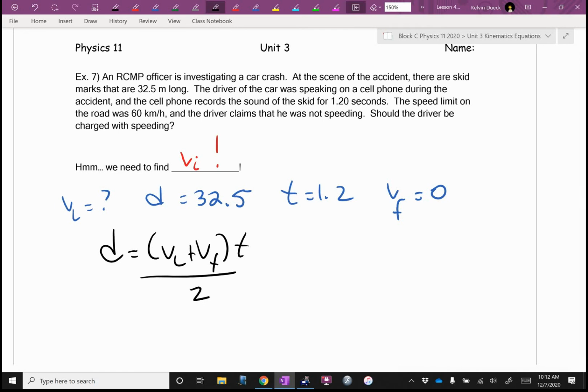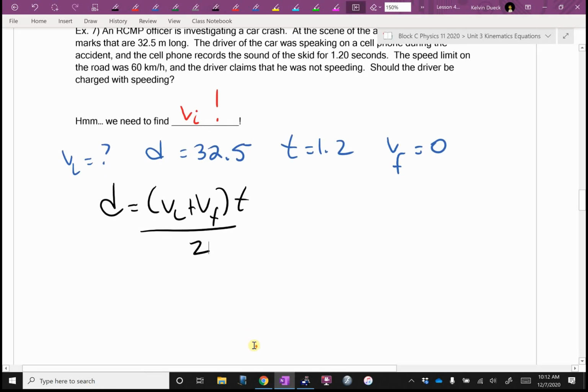Do that last. What's going to drop down like a domino? The D. Then what? Times by 2, divide by T. And then in my mind, I see the VI plus VF dropping down. What am I trying to get by itself? How would I get the VI by itself?